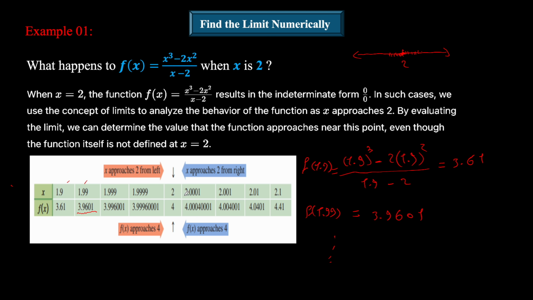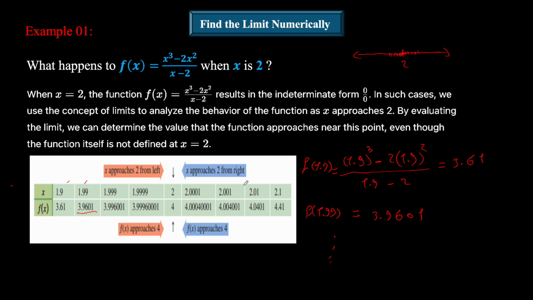At the end, as x approaches 1.9999, we are approaching really number 2, we see that f of x, also from the left side, is approaching number 4.